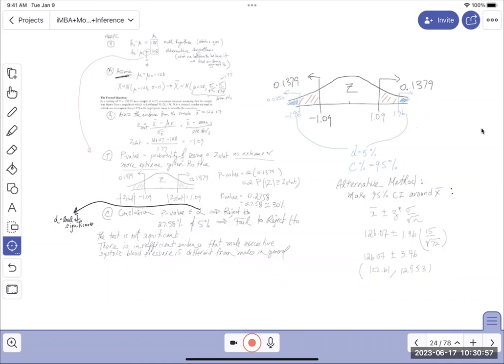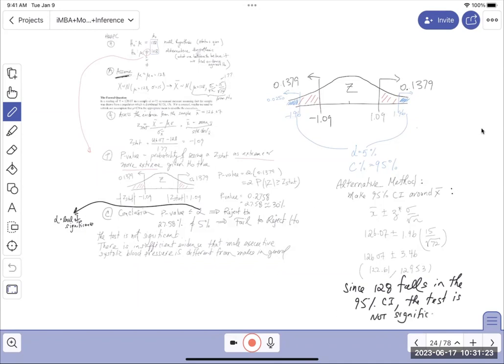And since 128 falls in the interval, the test is not significant. In other words, there's no difference between 128 and the sample result.